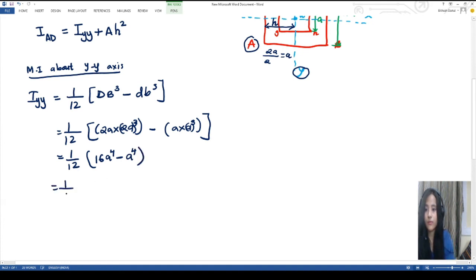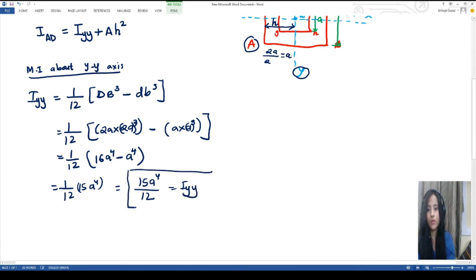So with further simplification, I get 16 a raised to power 4 minus a raised to power 4 will be coming 15 a raised to power 4. So this will be equal to 15 a raised to power 4 by 12. So this is my I y, right? So I'm getting I y equals to this much.